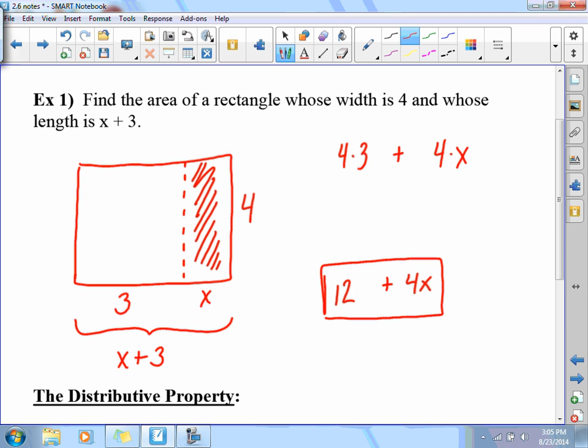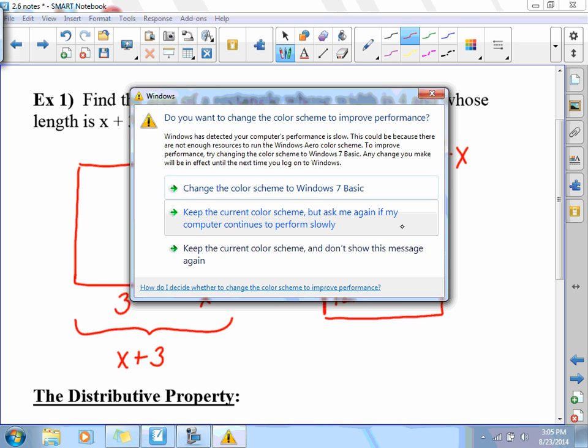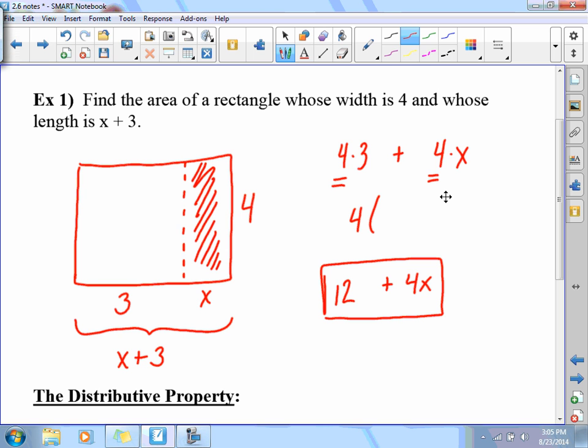But I'm going to put in a little step in the middle here, and this shows what the distributive property helps us do. Notice that I have a 4 here and a 4 there. So what if I just pulled that 4 out front, and then put everything else that's left over in the parentheses?